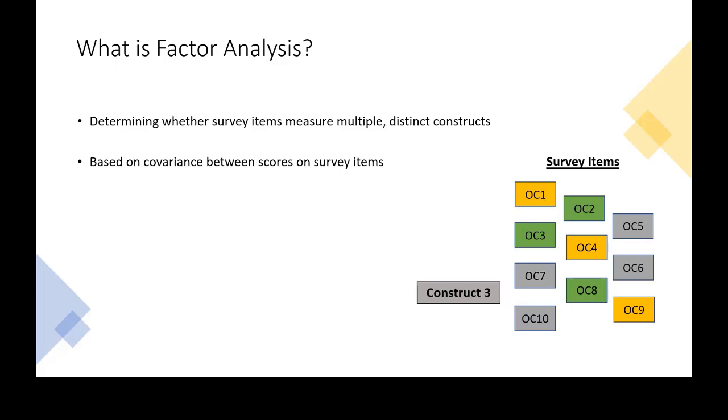And the last of which I'll touch on is what's known as reverse scoring. So you might have some items that are conceptual opposites, where lower scores on the item reflect higher levels of the construct. So let's say you have affective commitment. You might have one item that's like, I feel a strong sense of belonging here, or I feel emotionally attached to my organization. A reverse scored item might be like, I hate this place.